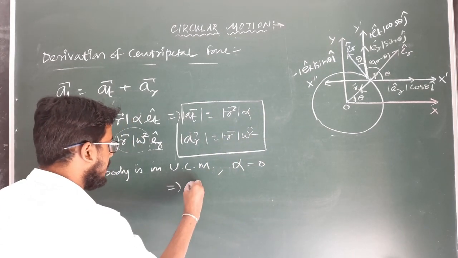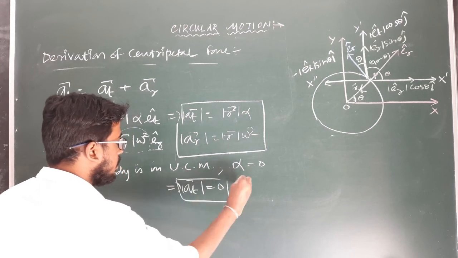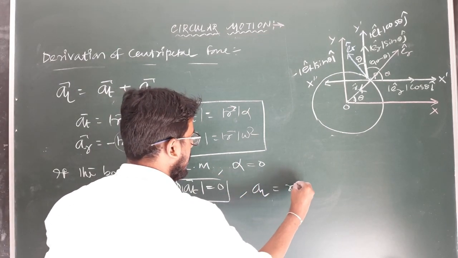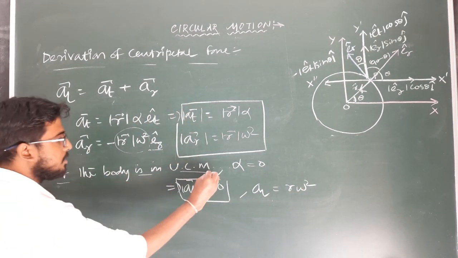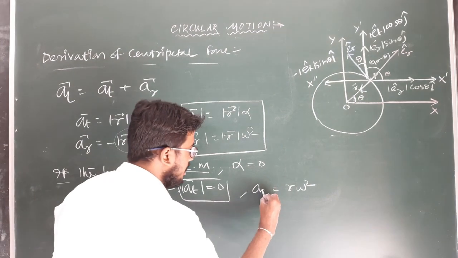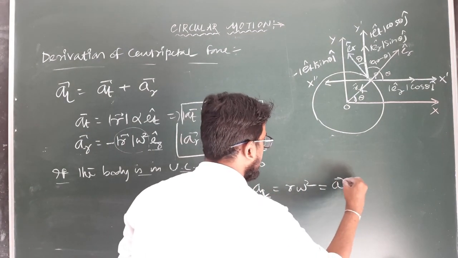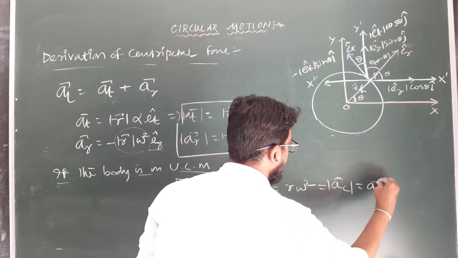So this implies a tangential is equal to 0. So the total linear acceleration a linear will become how much? r omega square, which is equal to a centripetal or a radial only.